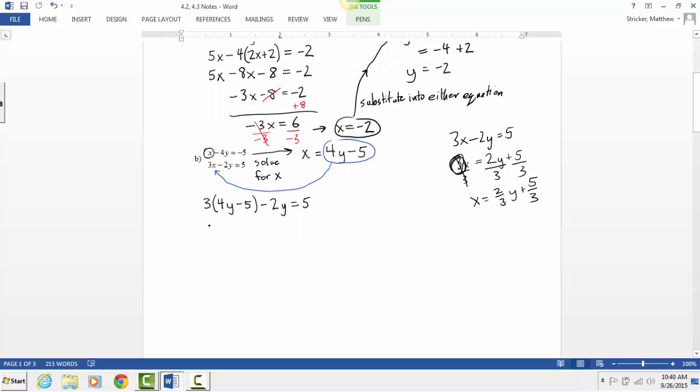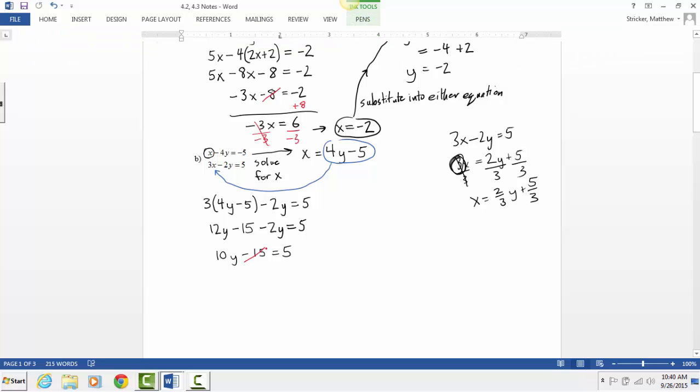Go ahead and distribute. 3 times 4y is 12y. 3 times negative 5 is negative 15. We have minus 2y equals 5. We keep going, combine like terms. We have 12y and negative 2y. When I combine those, I get 10y minus 15 equals 5.